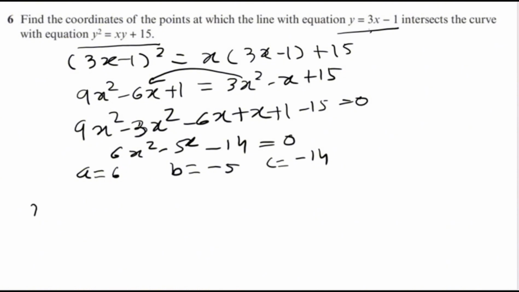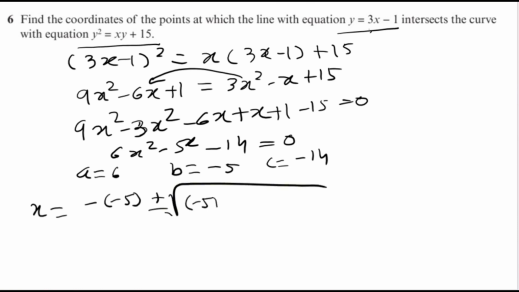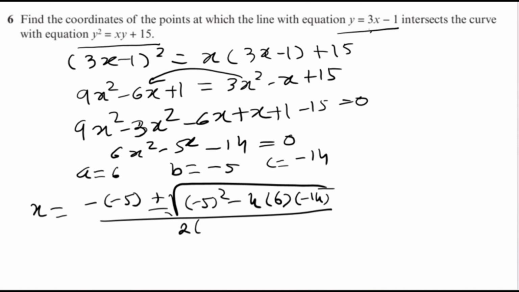So I can write x is equal to -5 plus or minus square root of -5 squared minus 4ac over 2 times 6. Simplify in calculator, you will get the answers 2 and -7 over 6. Now, this is our value of x.